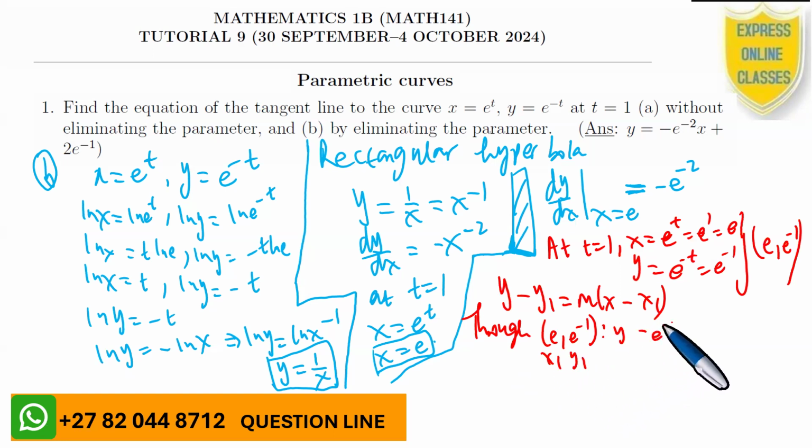Y minus y1, which is e to the minus 1. The slope is this one here, minus e to the minus 2, and then x minus x1, which is minus e.